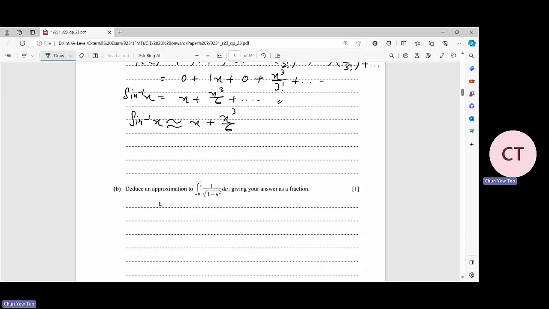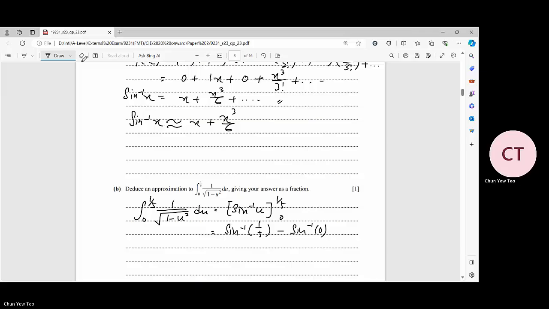Okay, so now integrate this. It's the same as arcsine of u from 0 to 1 over 5. So this will be arcsine of 1 over 5 minus arcsine of 0.